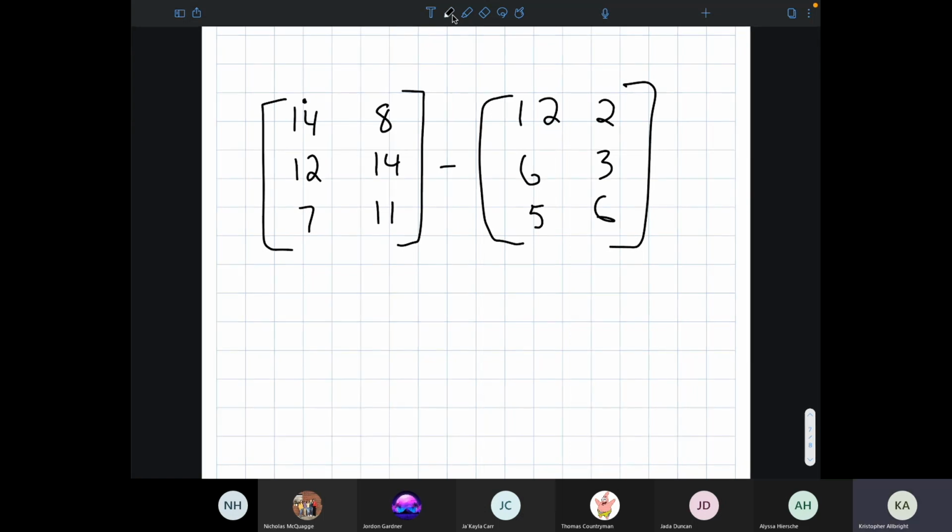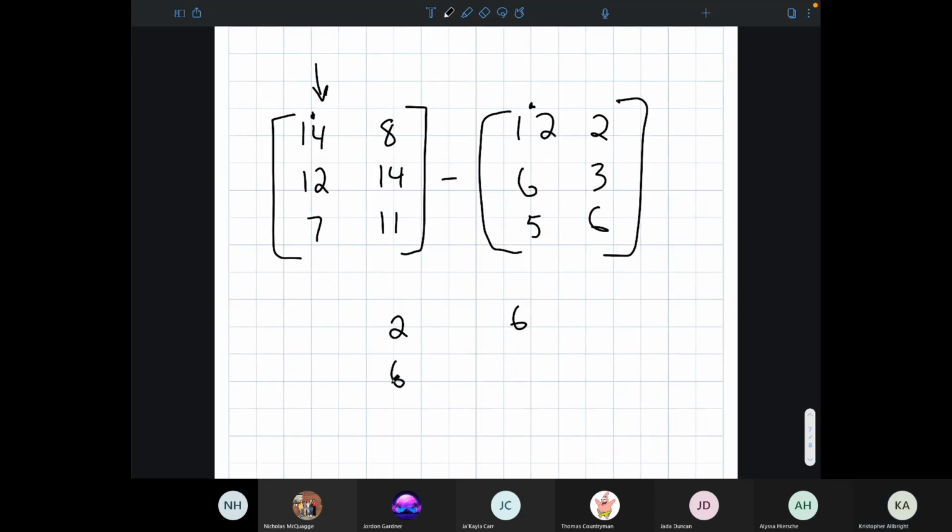We're using the matrix that we made, and we're finding a matrix with the number of magazines left on the shelves or on the rack. This is from the table. All I did was copy the values down into a matrix. Now we're going to subtract what they had minus what they sold, and we're going to get what's left.